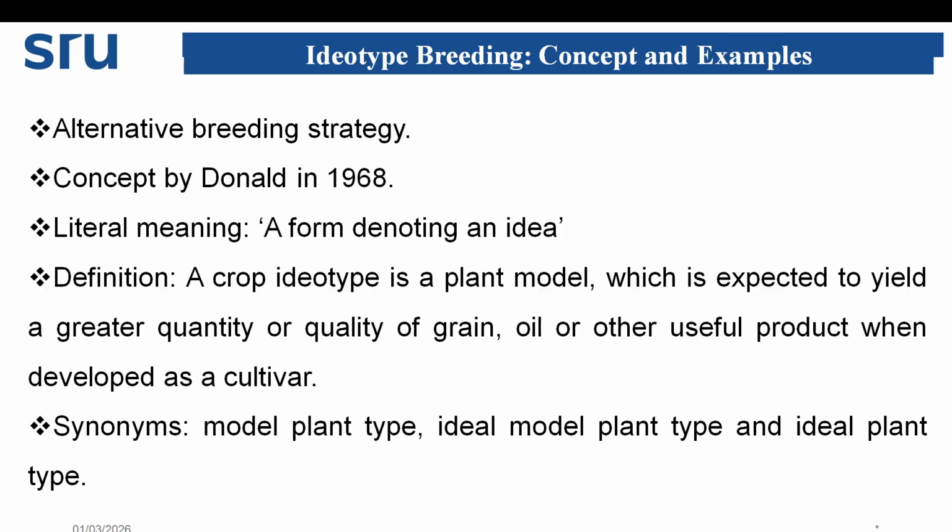A crop ideotype is a plant model which is expected to yield a greater quantity or quality of grain, oil, or other useful product when developed as a cultivar. Some synonyms for ideotype are model plant type, ideal model plant type, or ideal plant type.